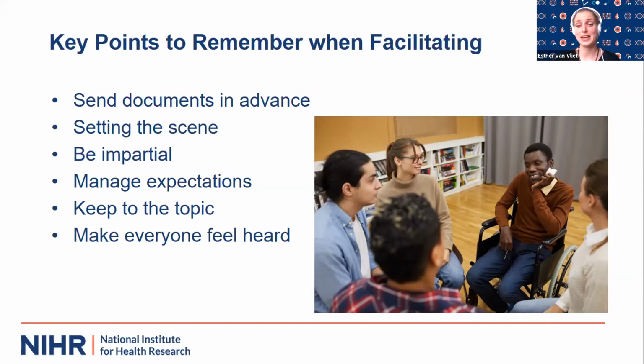You can, for instance, thank the person for their contribution, remind them that we're here for a specific discussion, and then lead it back to that subject. Make sure that everyone feels heard, because everybody in your meeting is there because they're interested in your topic and they want to contribute. Some people might be more proactive in coming forward and giving their feedback, and others you might have to ask or invite to give their opinion as well.